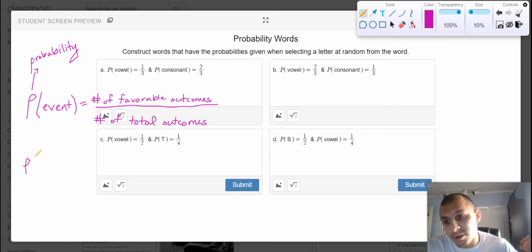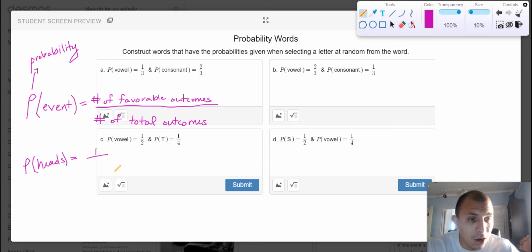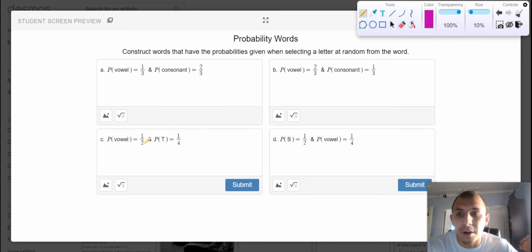And how I always remind myself of this concept is in flipping a coin, the probability of heads. There is only one favorable outcome for acquiring a heads when flipping a coin. However, there are 2 total outcomes, heads and tails, when flipping that coin. And that is my rhyme and rhythm for probability.